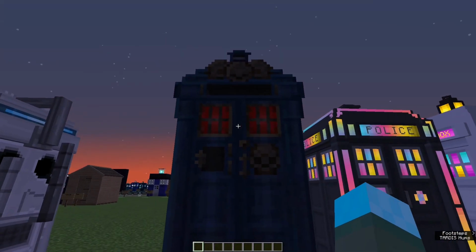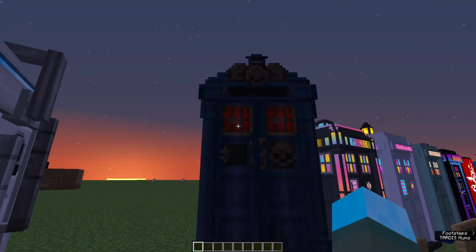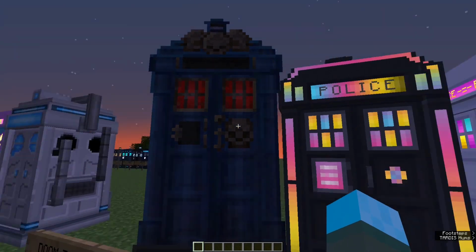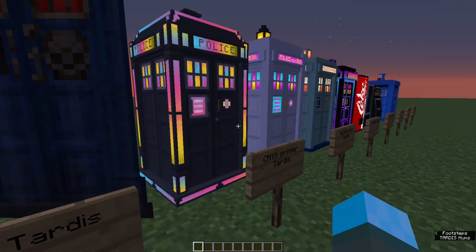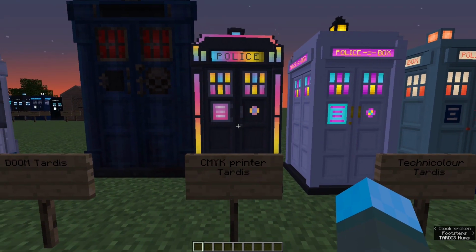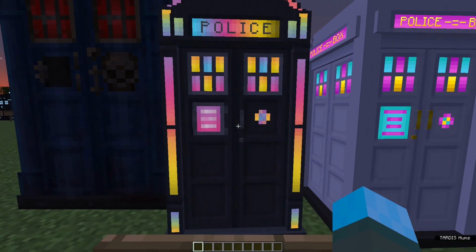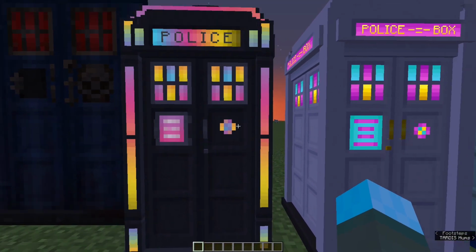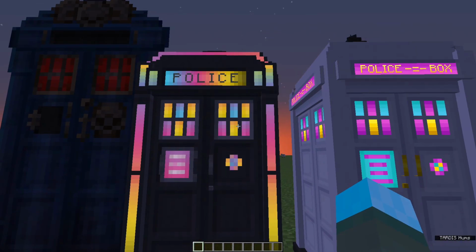Doom TARDIS, another chameleon cartridge. CMYK, meaning cyan, magenta, yellow, and I forget what the K means.